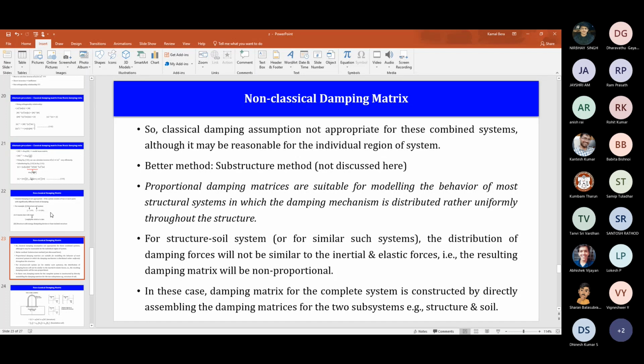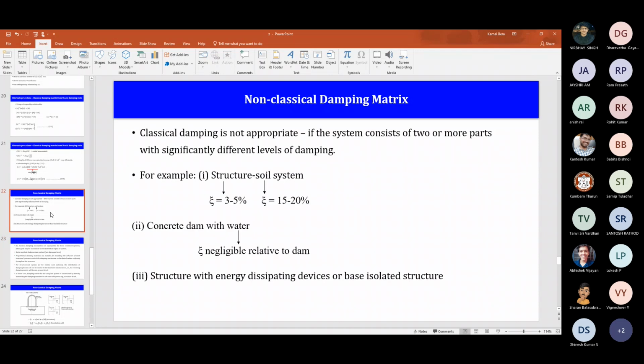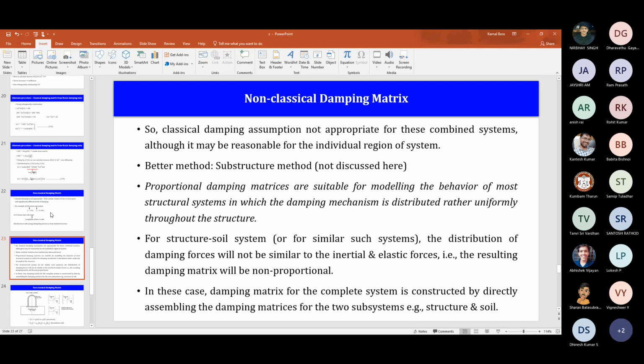So in these cases, when there is a substantial difference in the two systems and the resulting damping matrix is non-classical, the better method is the substructure method. That means you analyze individual parts separately and then combine them together.